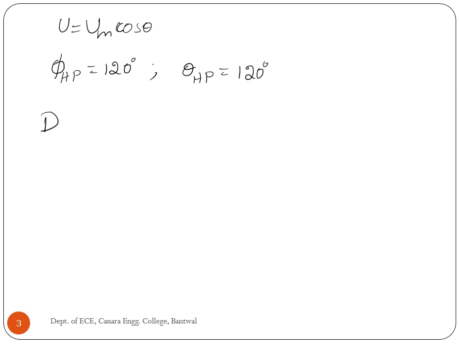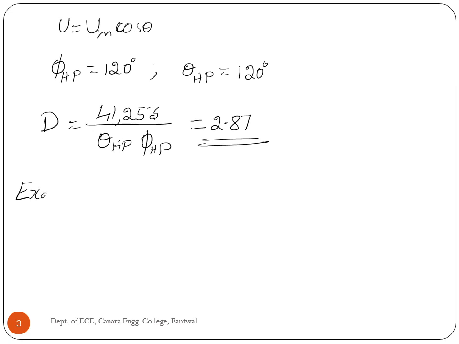Therefore approximate directivity is equal to 41,253 divided by theta HP and phi HP, which after substitution gives 2.87.